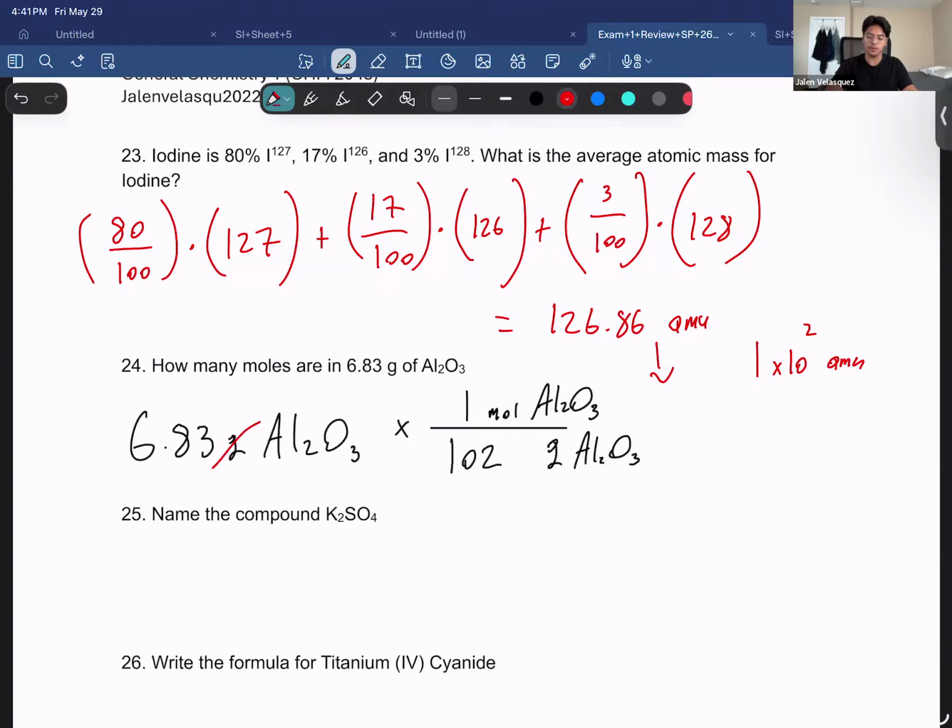Your grams cancel, and you're left with moles. So 6.83 divided by 102 is equal to 7.00 times 10 to the negative 2 moles.